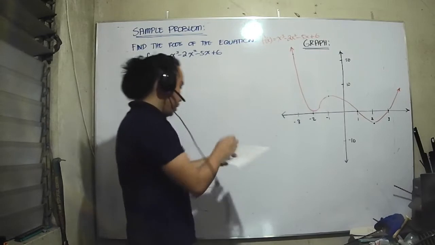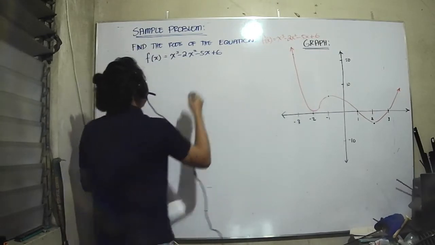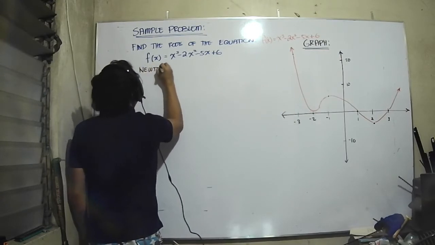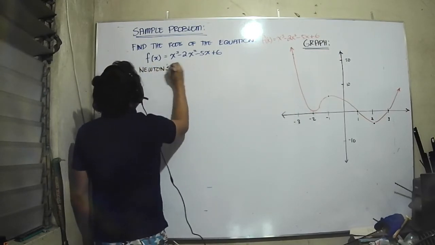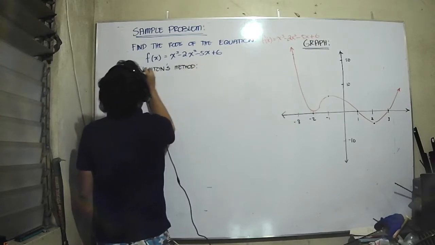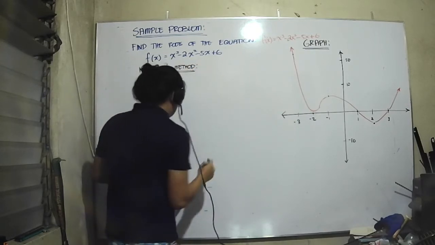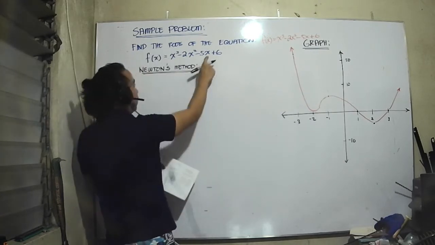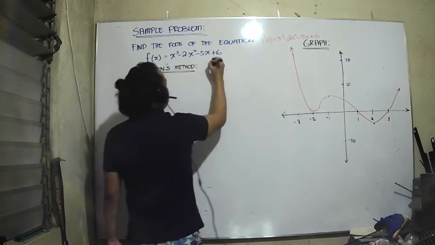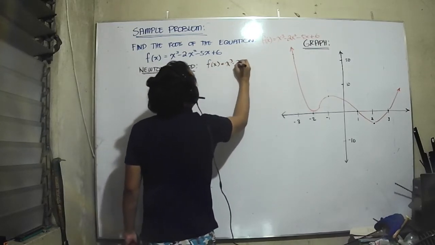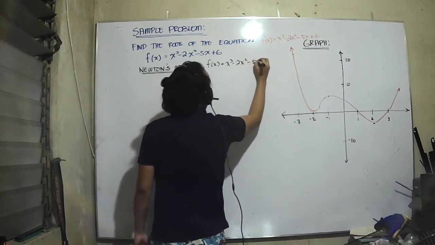Newton's method, or Newton-Raphson, so let's just say Newton's method. We need this function: f of x is equal to x cubed minus 2x squared minus 5x plus 6.